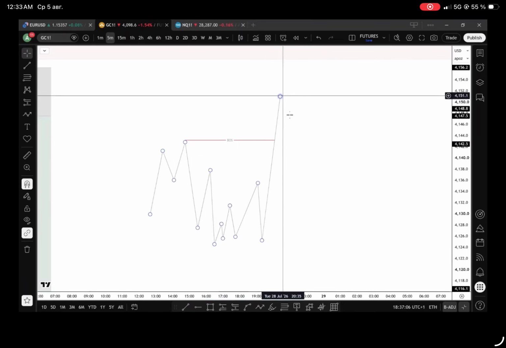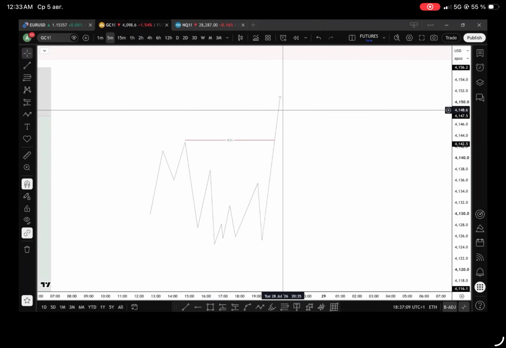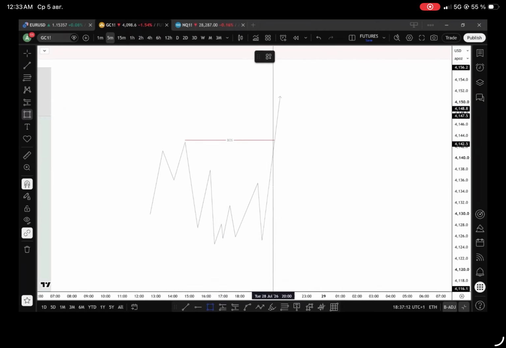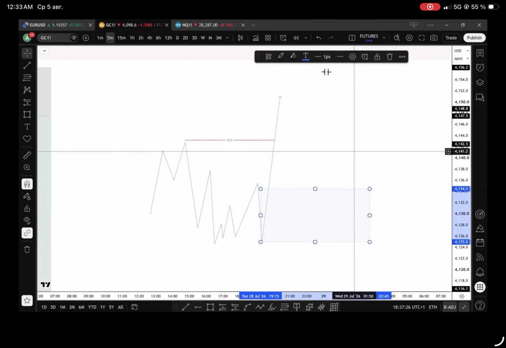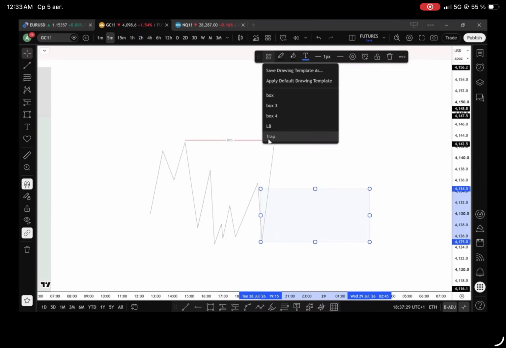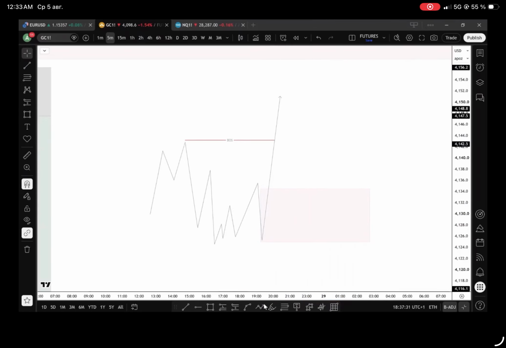This is now forming an extreme, but we don't know if this is the extreme. What we wait for are reactions at these lows. I wait for price to build liquidity every time.